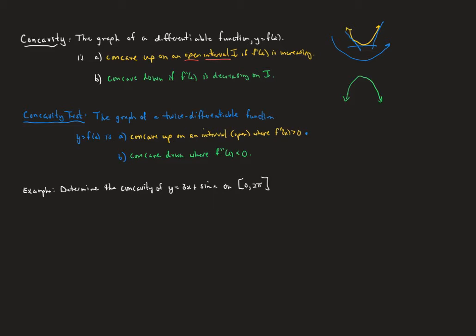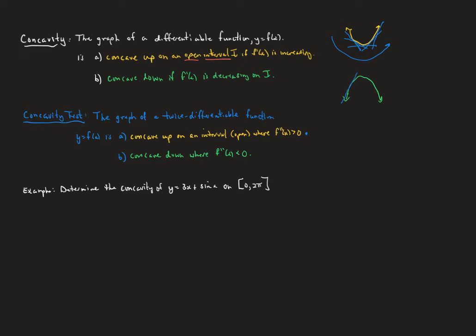Another way sometimes it is described is a function is concave up if it lies above all of its tangent lines on that interval. That comes up from time to time. Also, we see that a function is concave down if f prime is decreasing.